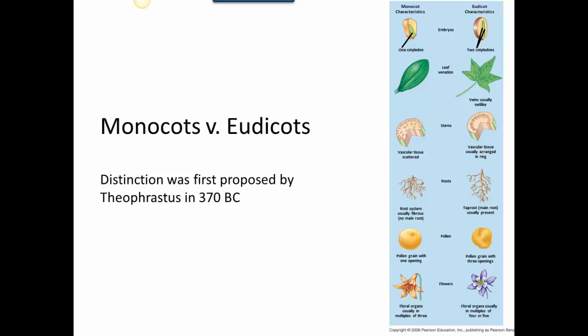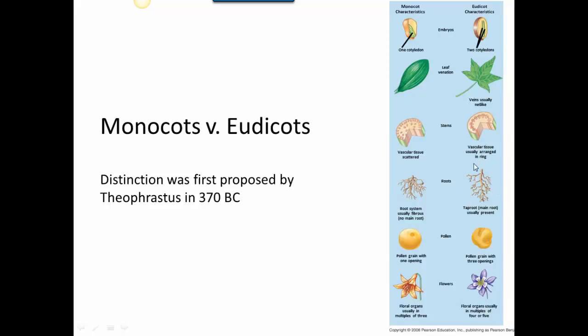They also have net-like venation, so the veins branch and they look almost like a net. They have a very specific arrangement of their vascular tissue. Remember we talked about this, the vascular tissue in the stem is arranged in bundles, and those bundles form a ring in the eudicots.